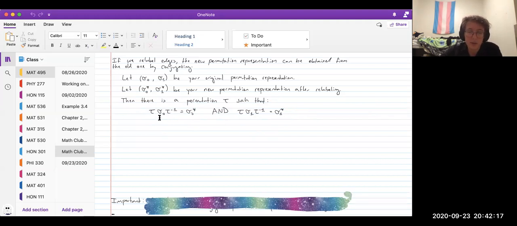So tau sigma 0 tau inverse gives sigma 0 star, and tau sigma 1 tau inverse gives sigma 1 star.